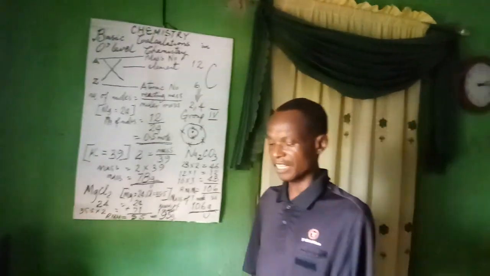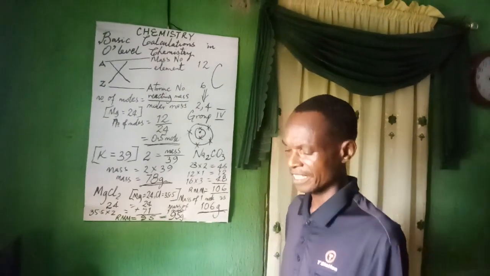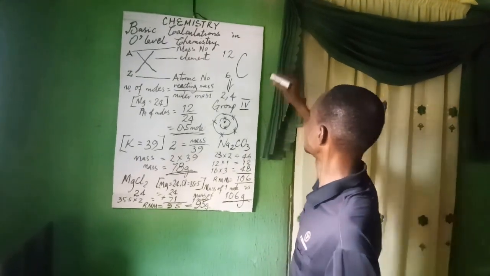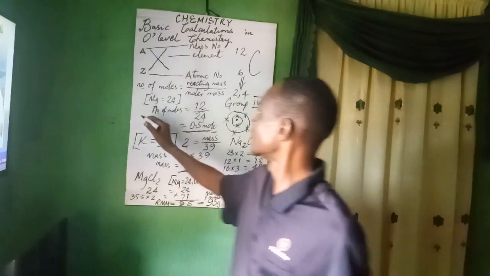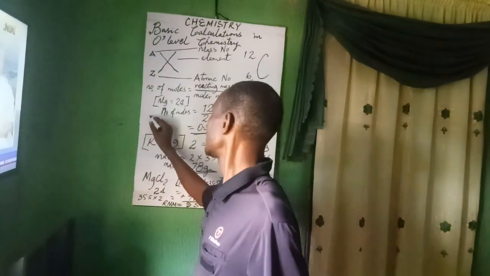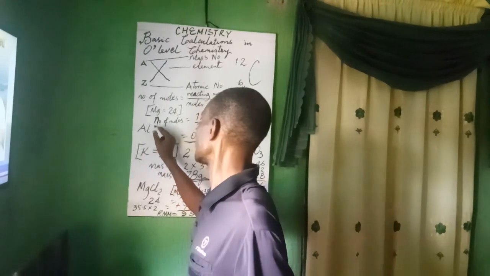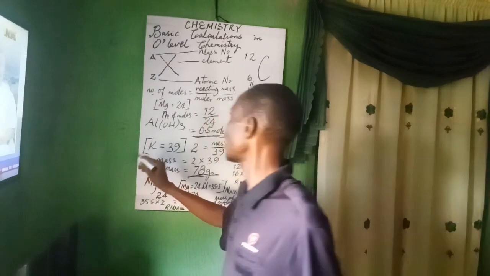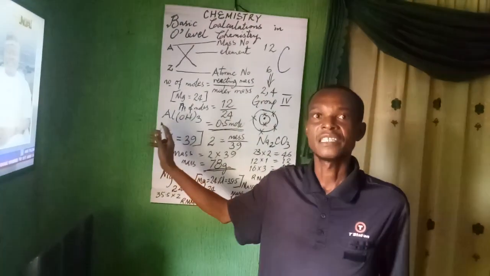I will give you two examples to solve at home. The two examples have to do with aluminum hydroxide and ammonium tetroxosulfate 6. I will write out their formula in here so that it will guide you. The formula are very important if your calculations must be correct. This is aluminum hydroxide.